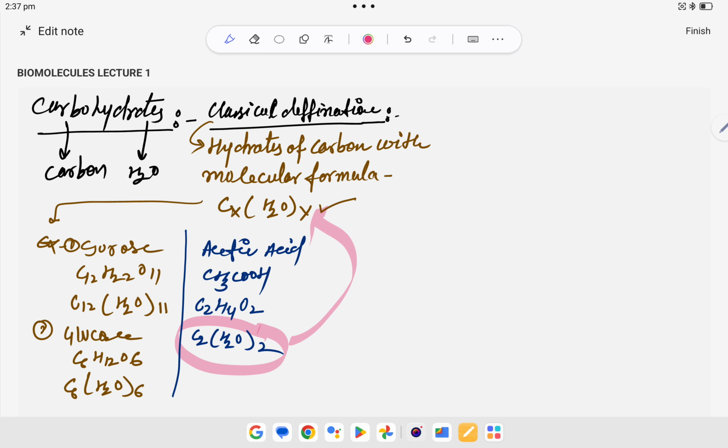But children, the problem is acetic acid is not a carbohydrate. This is the problem. One more thing, some species are not satisfying the formula, but they are carbohydrates, like rhamnose.